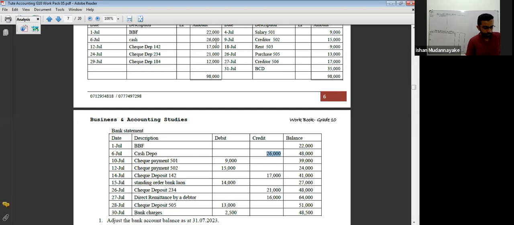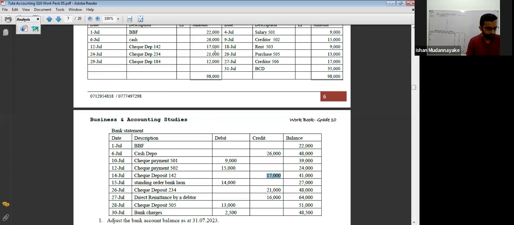Then you have deposited a 17,000 check. That check is available in the bank statement. Bank account debit side 17,000, bank statement credit side 17,000. Please mark.